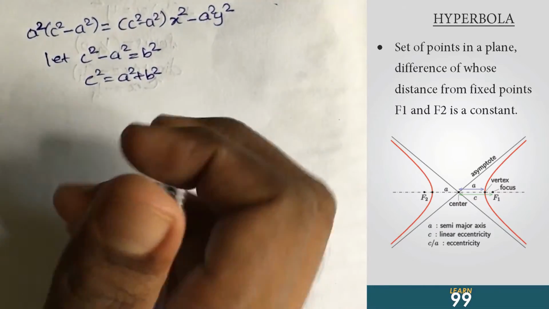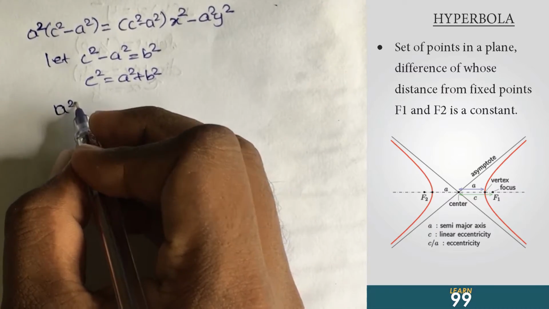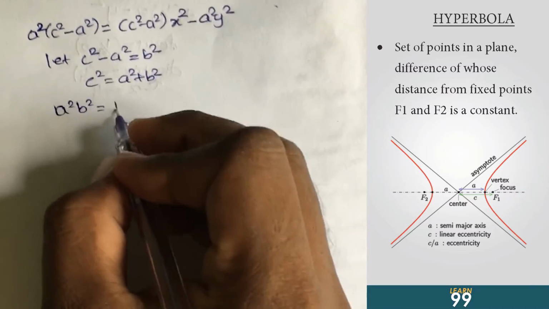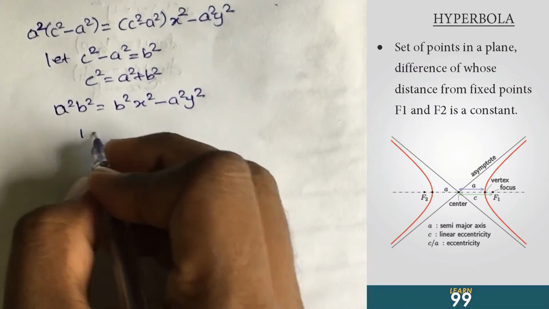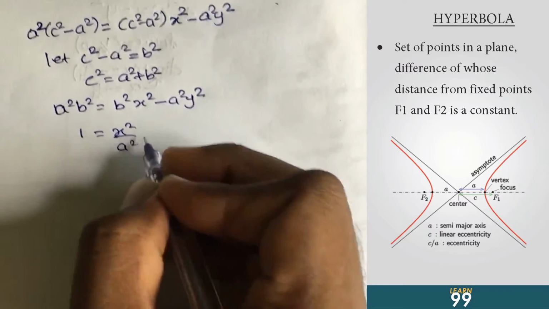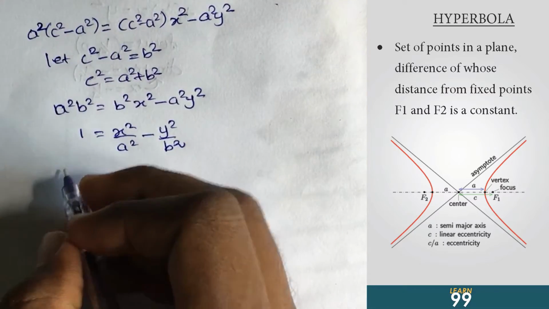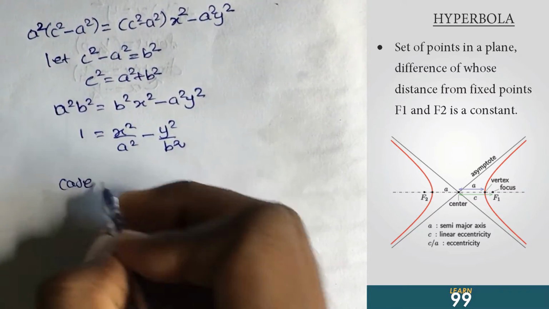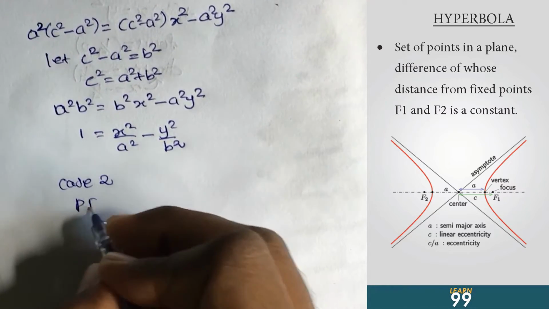Then we can divide this equation on both sides by a squared b squared. We will get an equation similar to the ellipse but with a minus sign in front of y squared over b squared. So far we have done case 1, so we have to prove case 2 also.